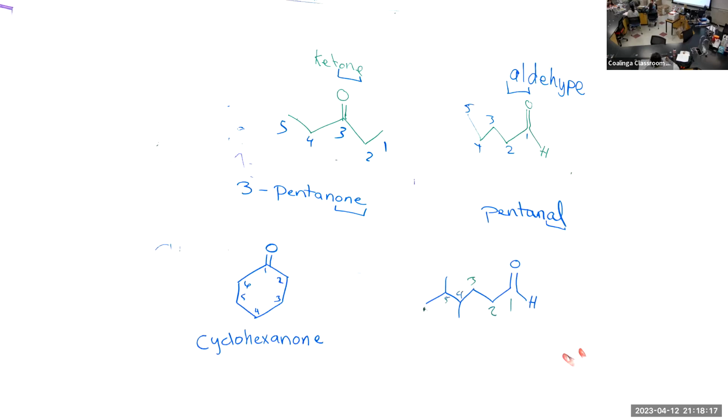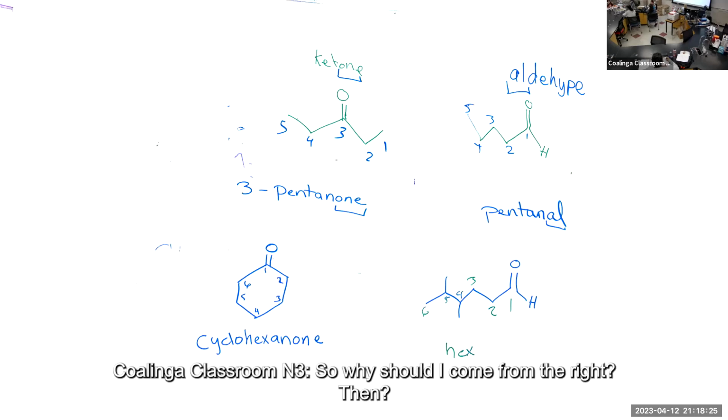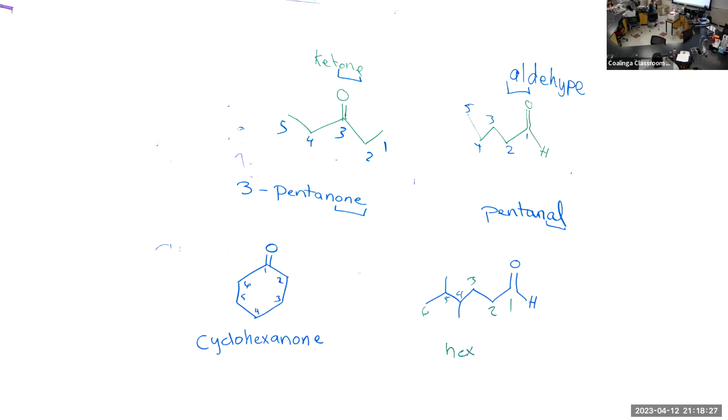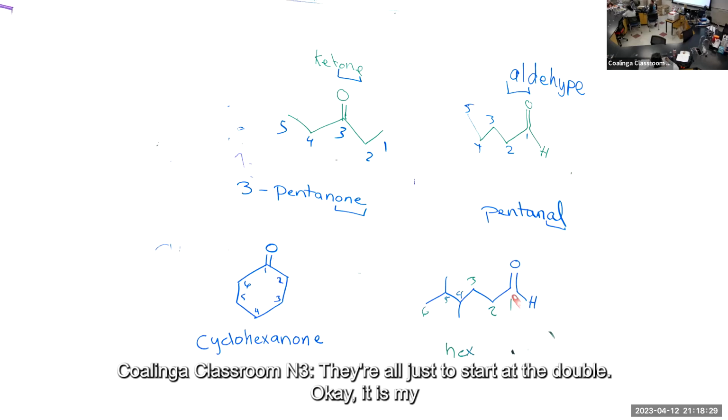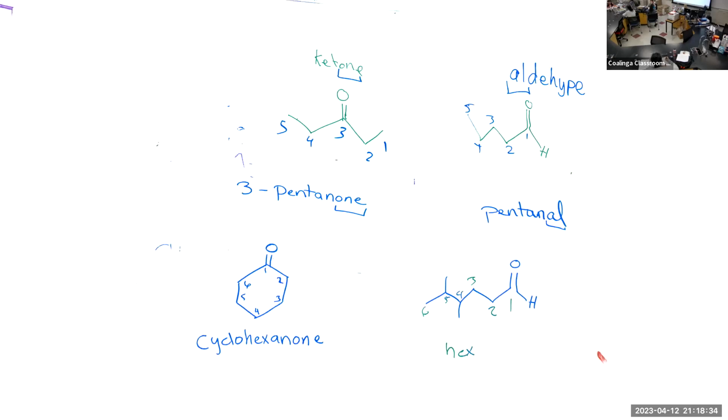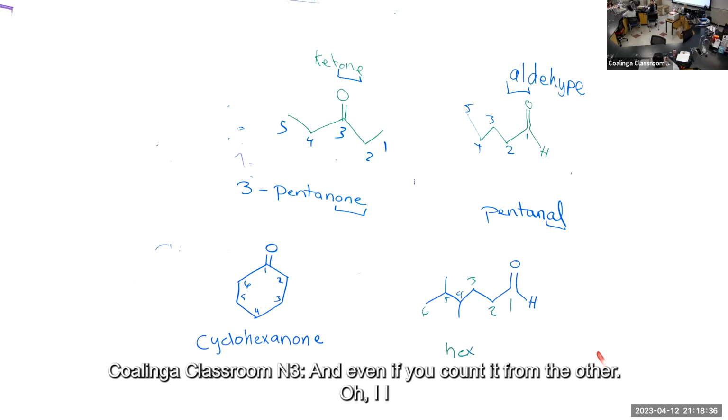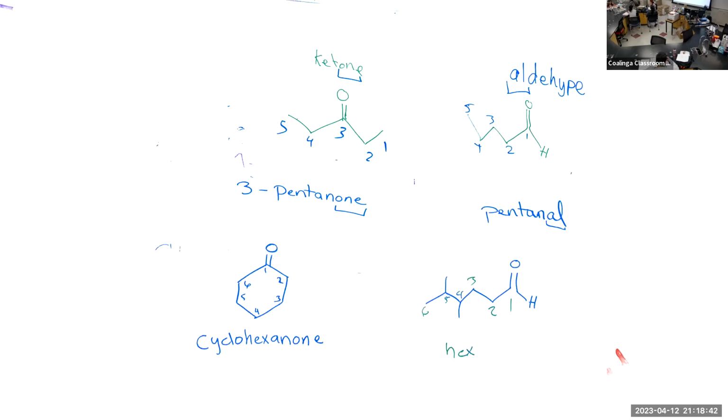Five. I got it the other way. So why did you come from the right then? We're always going to start at the double bond. Even if you count it from the other way, it's still the same. On 4, diene.